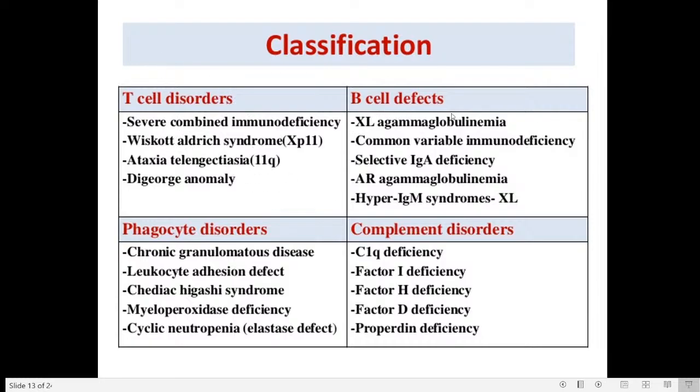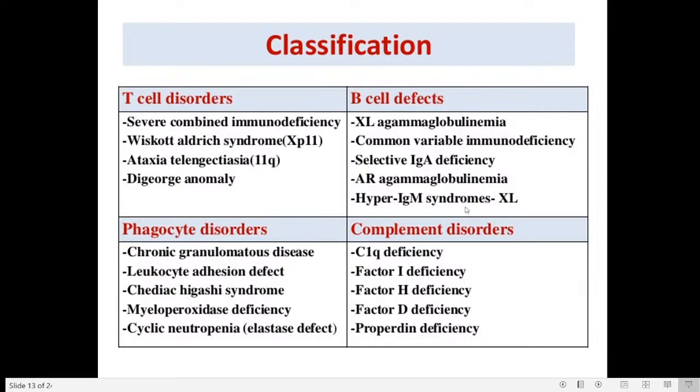If the B cells are defective due to the immunological response, that may be agammaglobulinemia, and common variable immunodeficiency, selective IgA deficiency, AR agammaglobulinemia, and hyper IgM syndrome X-linked.